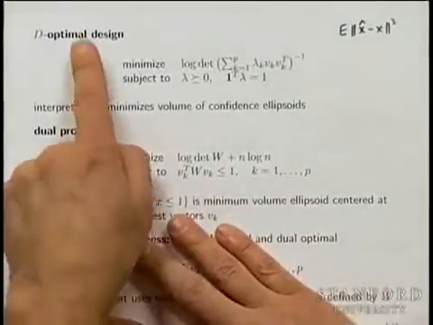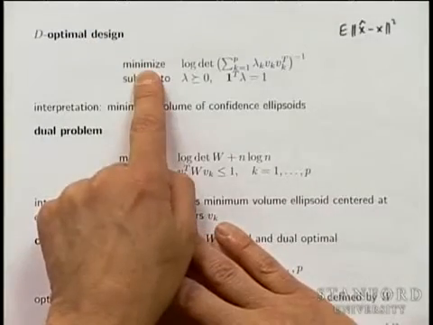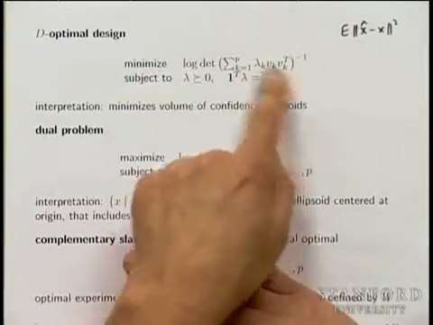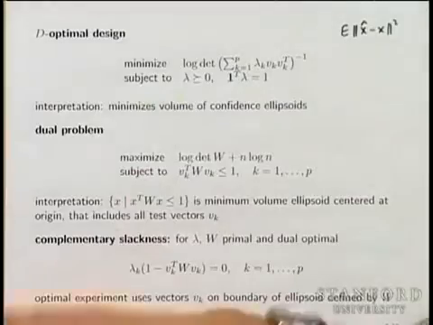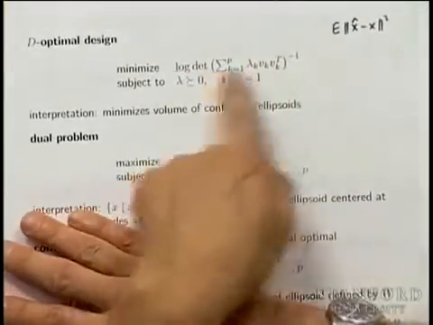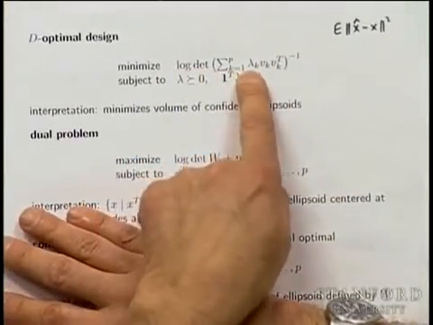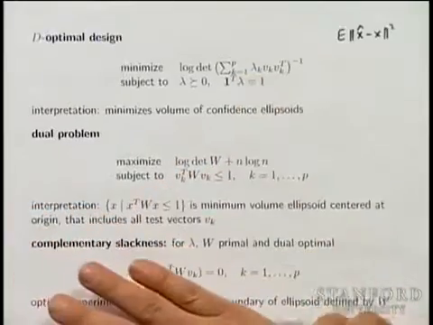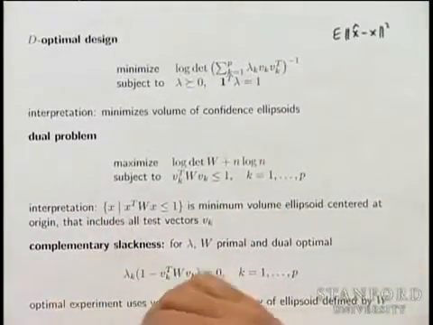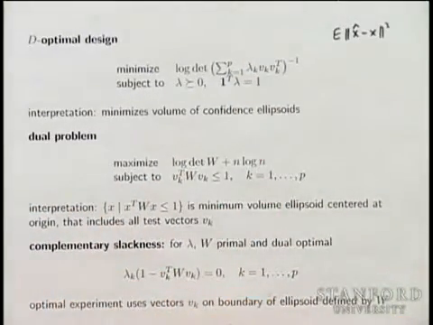So the most common scalarization is D-optimal experiment design. In D-optimal experiment design, you minimize the log determinant of the covariance matrix. So this is the covariance matrix. This is, of course, convex, clearly, in the lambdas here. And this corresponds geometrically to minimizing the volume of the corresponding confidence ellipsoid.